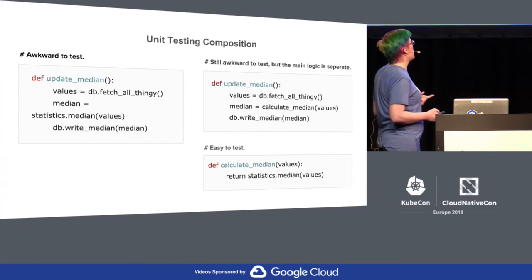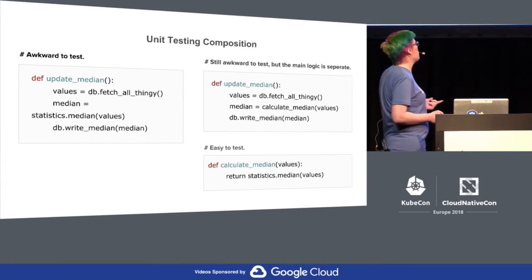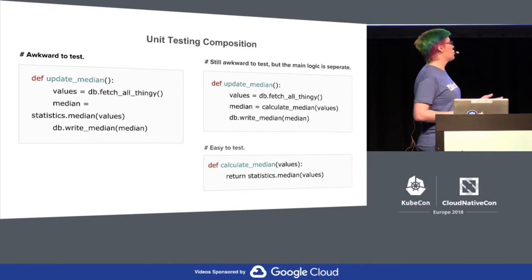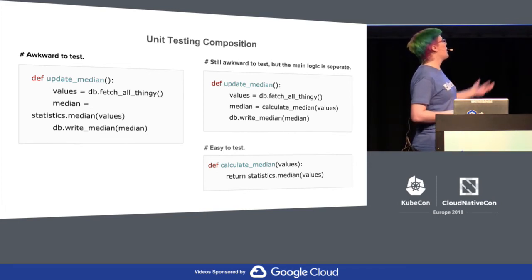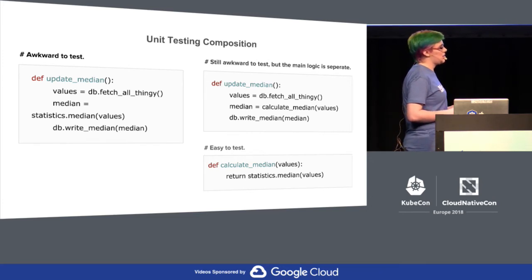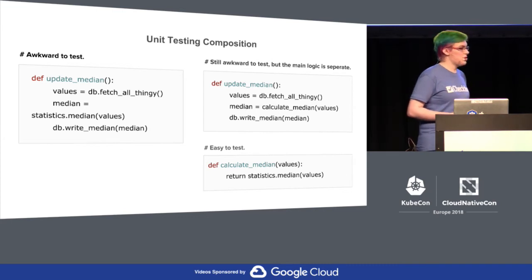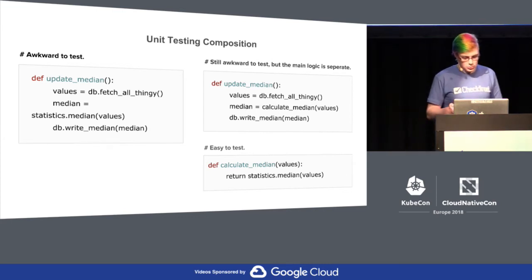This is really awkward, especially because the bulk of what we're trying to test in detail has nothing to do with the database. The nicer way to do it is to specifically split the logic out into its own function, and that way we can call that function without worrying about the database at all to test the business logic, and then do a simple test or two for whether the whole database process works.